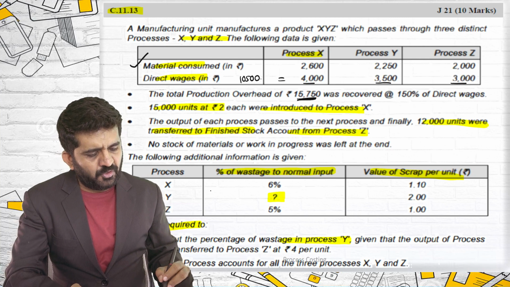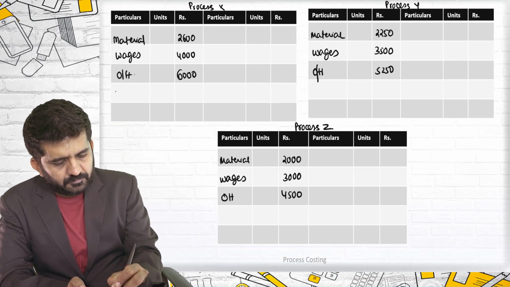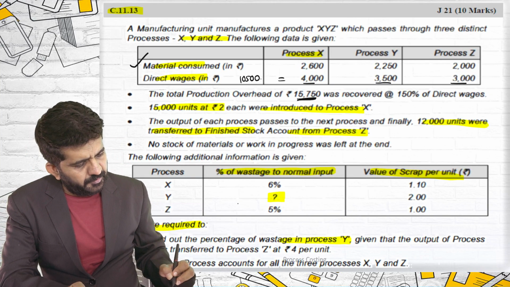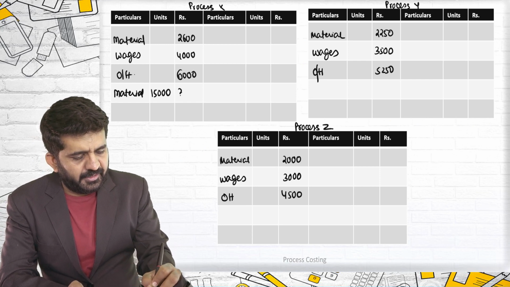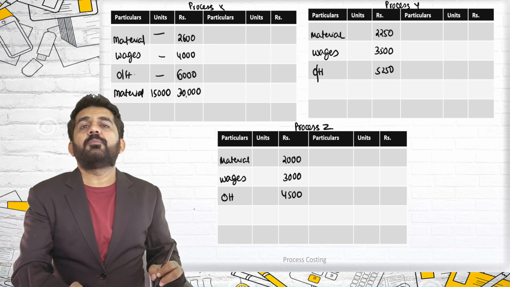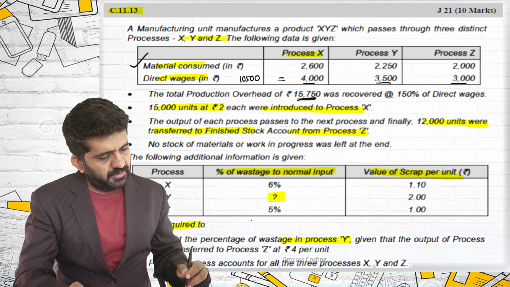15,000 units at the rate of 2 were introduced to process X. Material, how many units? 15,000 units at the rate of rupees 2, that is 30,000, will be introduced in process X. I'm just filling up all the information which is available.